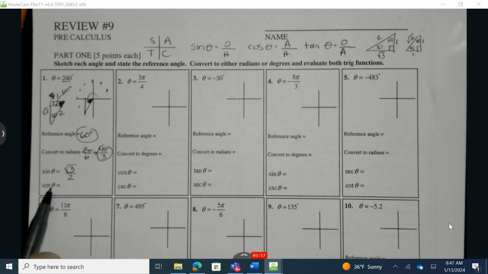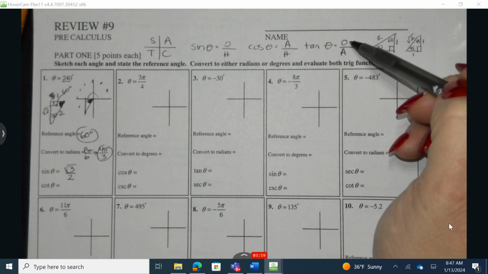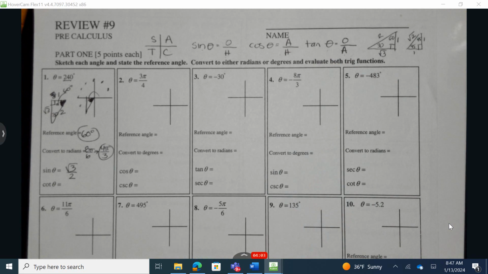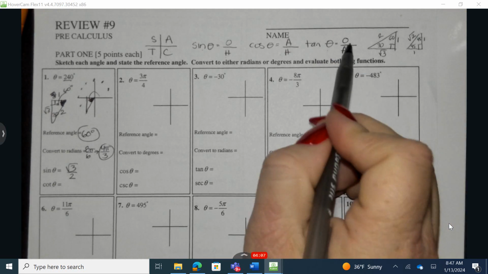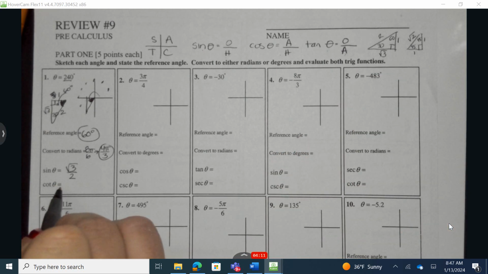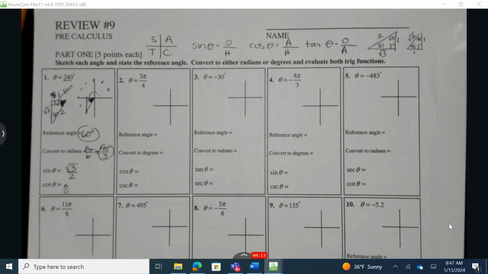This says cotangent. That means I want to figure out what is the tangent, and I want to take the reciprocal of it. So let's identify the tangent first. Tangent is opposite over adjacent, but again, I want to flip them, so I want to do adjacent over opposite.